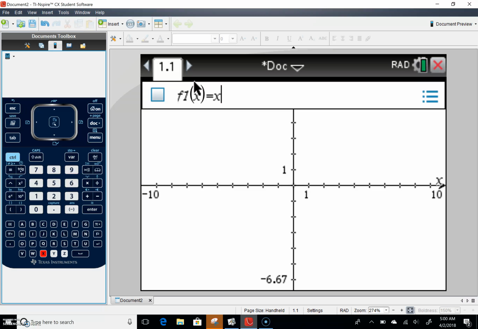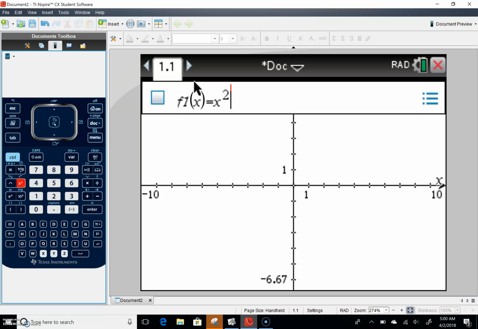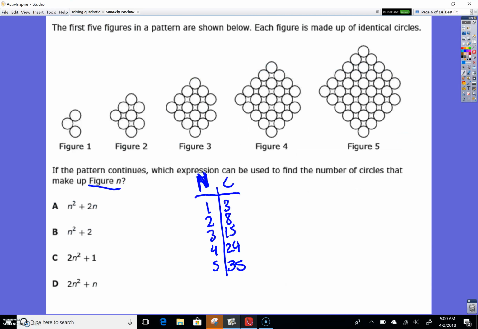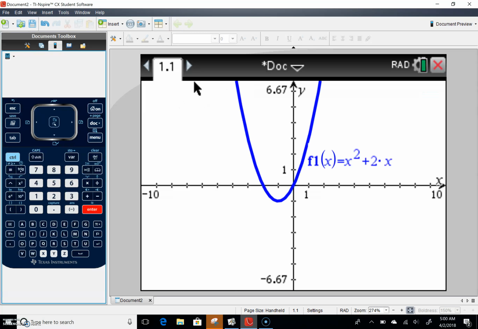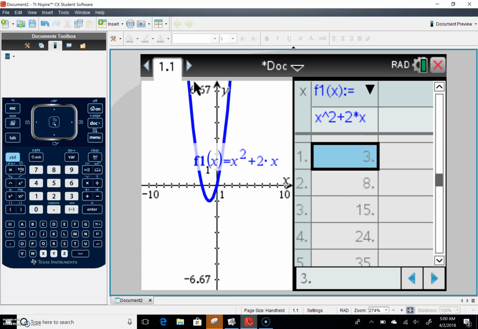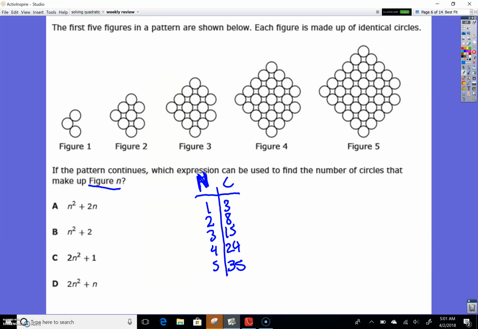Remember, when we go there, we use x instead of the other letters. Enter. Because I know it goes 1, 2, 3, 4, 5, I'm going to go to my table. So I press Control T. Look, 1 is 3, 2 is 8, 3 is 15, 4 is 24, 5 is 35. So that looks like our answer.